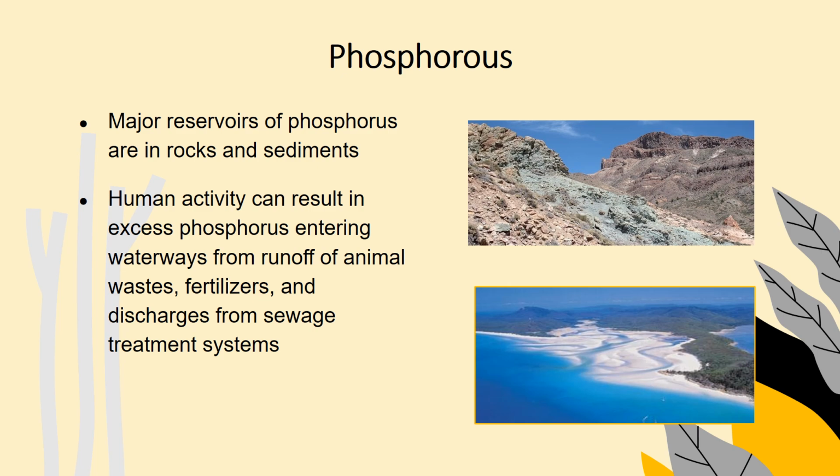So whether it's runoff from animal waste or fertilizers and sewage treatment systems, it is all going to add excess phosphorus into the system, which means that we have some pretty serious ecological consequences, especially in aquatic systems. We end up with an algal bloom.